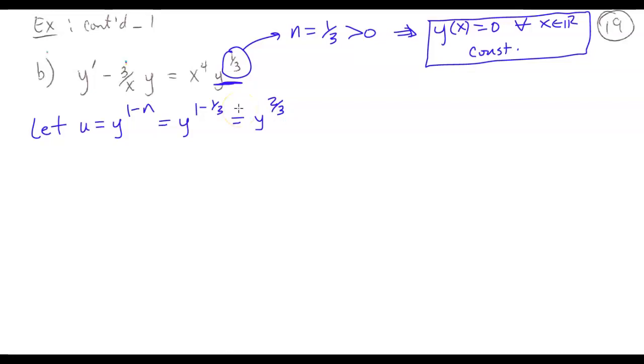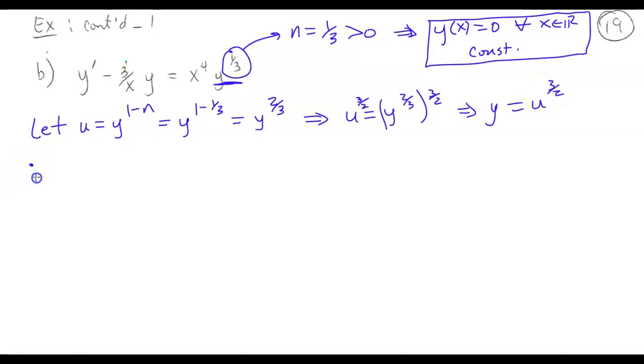So if that's the case, then we need to figure out what y is. To figure out what y is, we would raise each side to the 3/2 power, and that would make y equal to u raised to the 3/2.